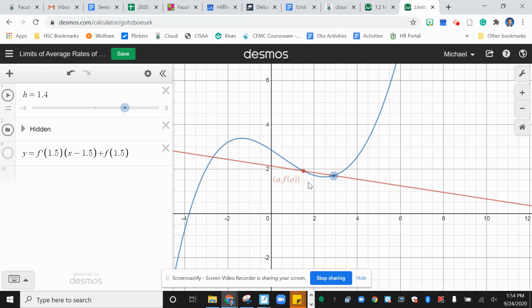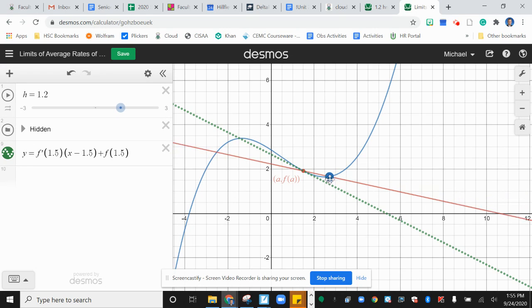How do you get a better and better estimate for the slope of the tangent? Let me put the real tangent back. Right now you're trying to make red overlap green, because green is the answer. With this point being this far away, it's a bad estimate. But as we move closer, you get a better estimate.